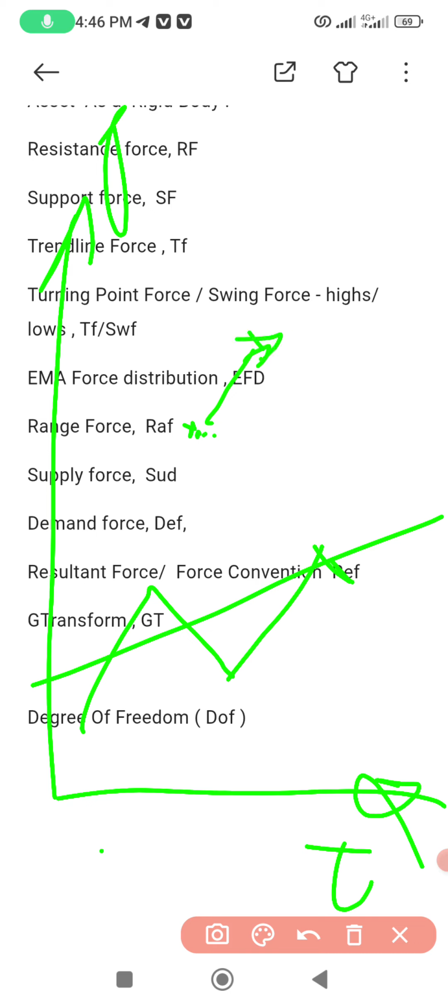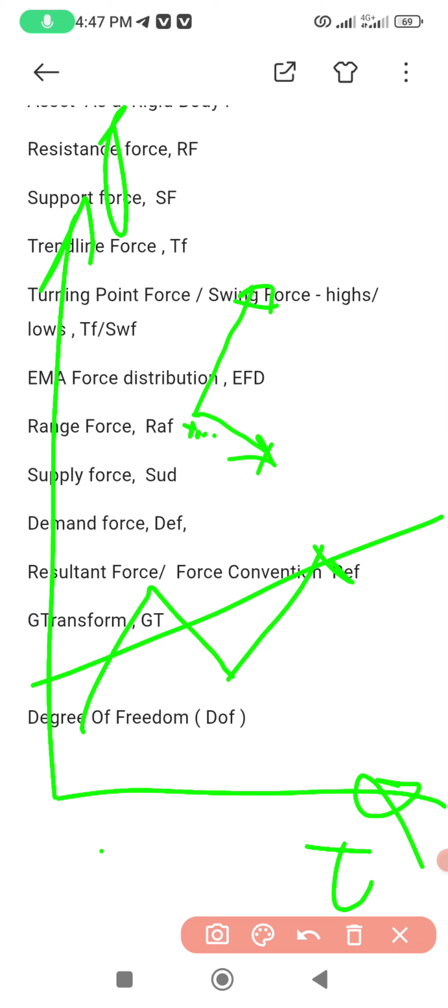The length matters a lot, so we give it a little bit big length. This is the impulse force, which aligns with the main direction. And then we have a retracement force, where the slope of the retracement force is negative, while the slope of the impulse force is positive, because this is during an uptrend market, right?